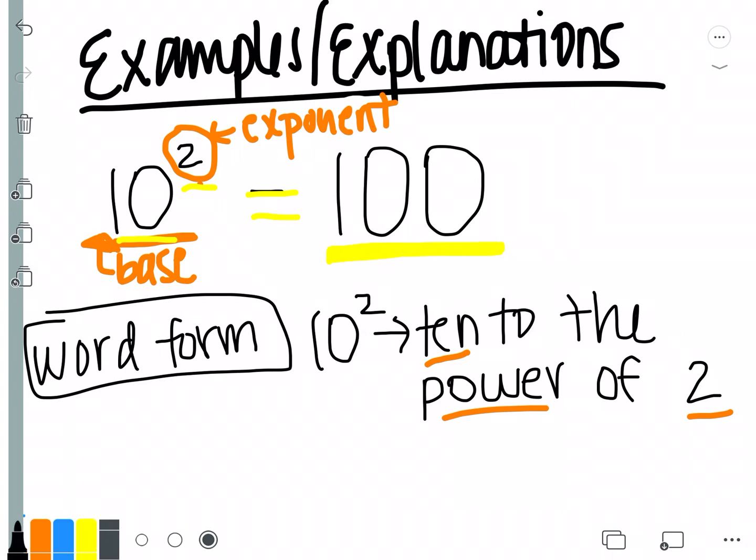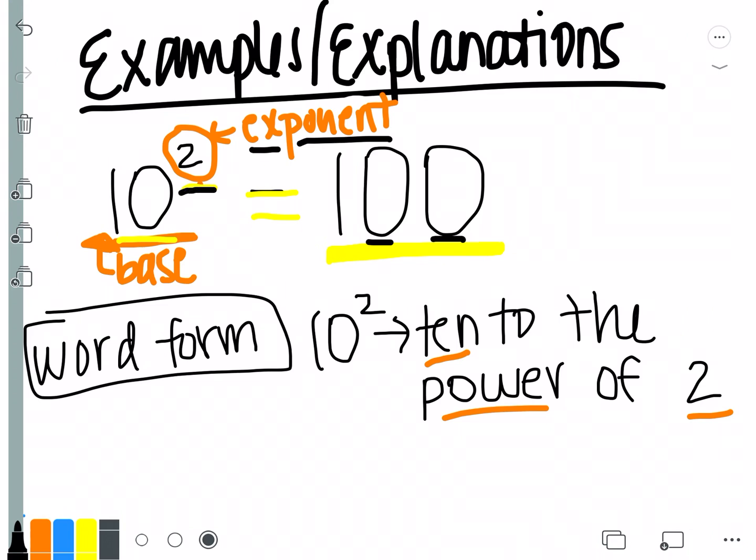Look at how many zeros are in 100. There is a 0 here, and there is a 0 here. 2 zeros. My exponent is also 2.